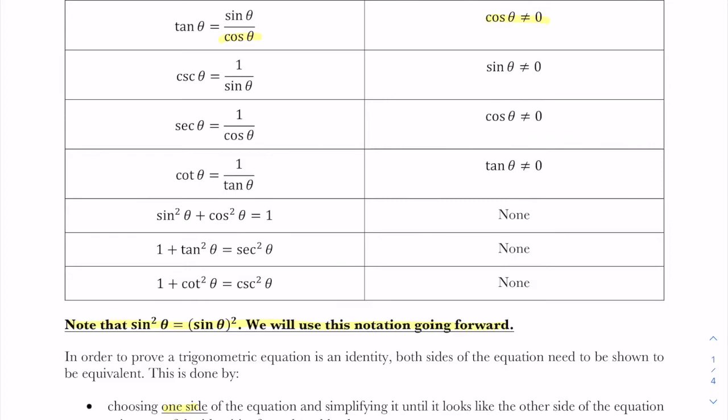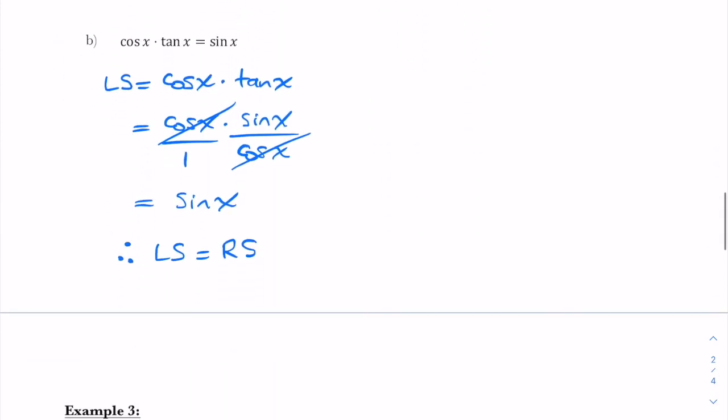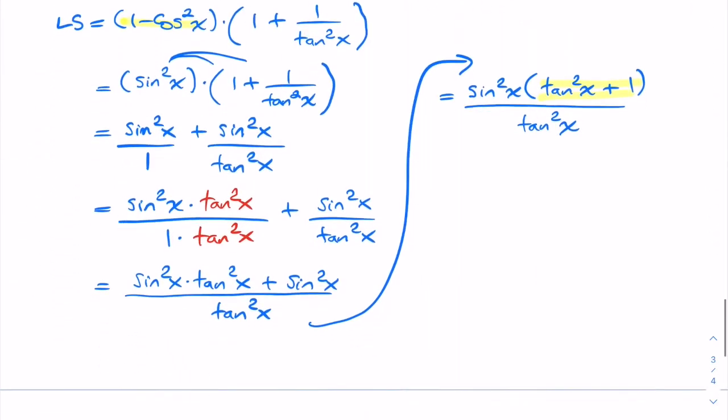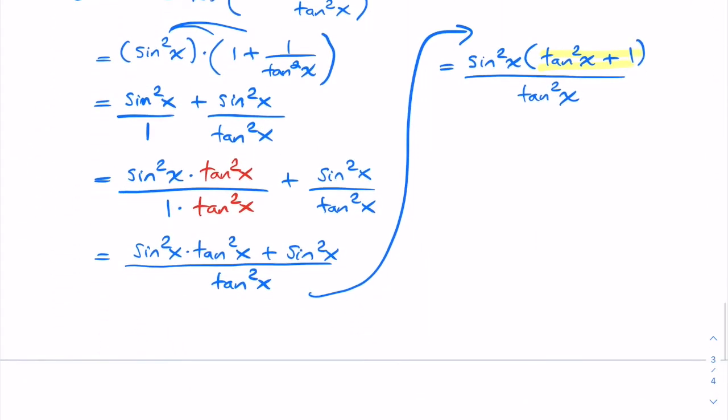Look at the second last identity. 1 plus tan squared x is equivalent to secant squared x. Let's make that substitution. So this is sine squared x multiplied by secant squared x all over tan squared x.